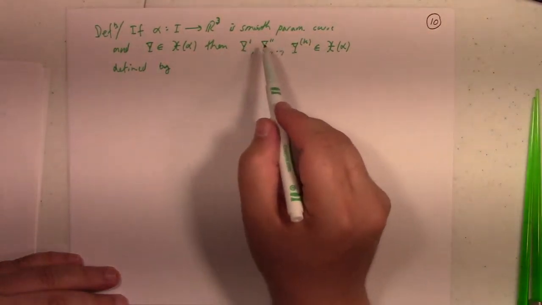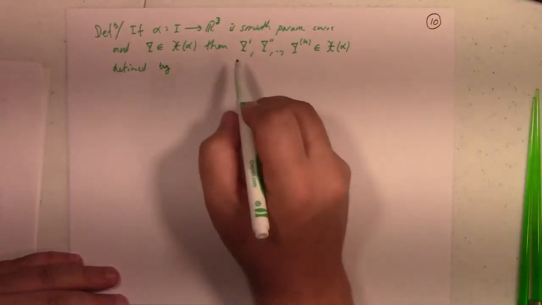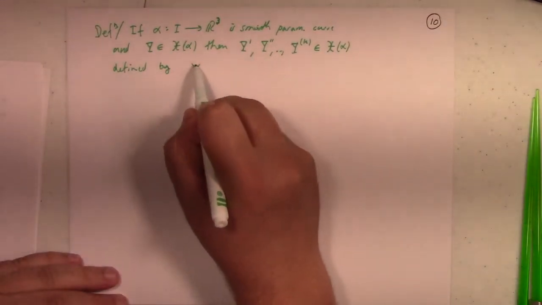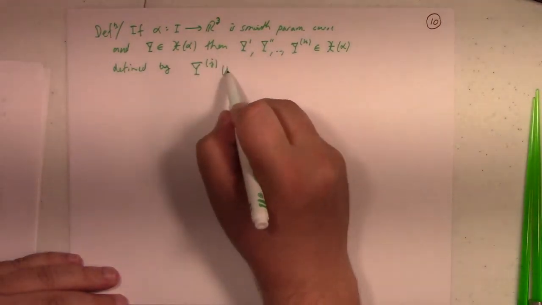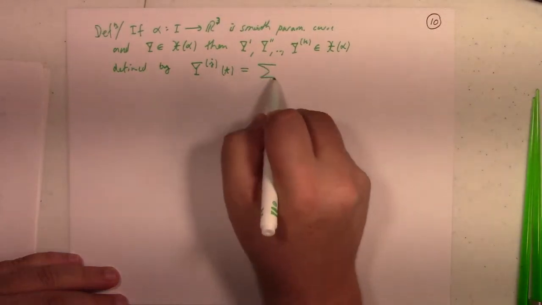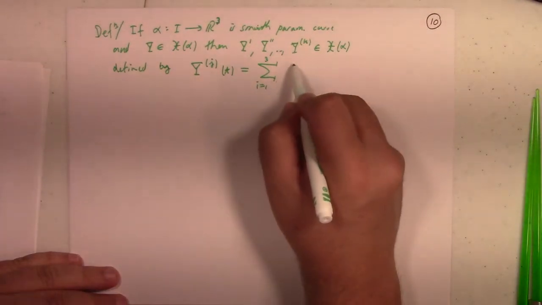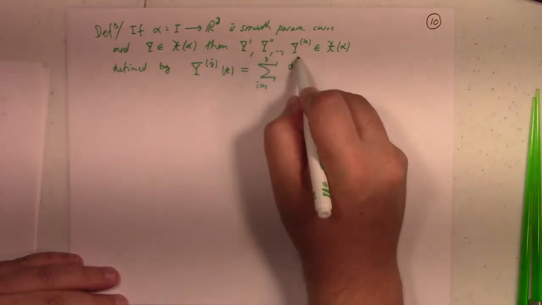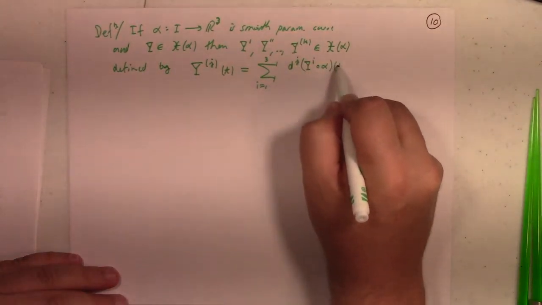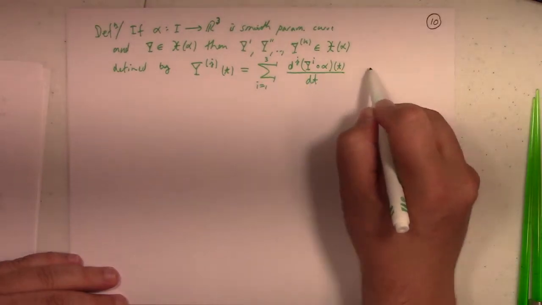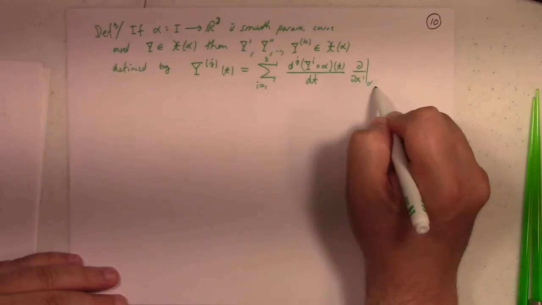I guess I don't technically know those exist in an open set or something, so this is an abuse of language, all right, fine, but anyway, here it is: y^(j) of t would simply be the sum, let's say i equals 1 to 3, of the jth derivative of y_i composed with alpha of t with respect to t, and then of course partial x_i at alpha of t. Okay, that's what it is.